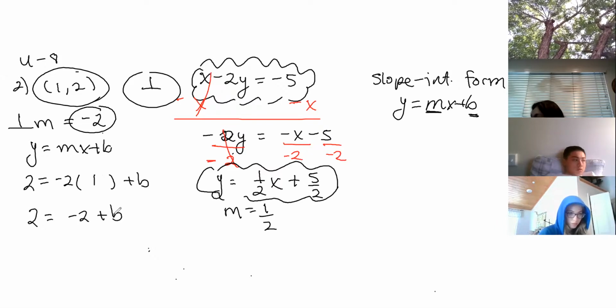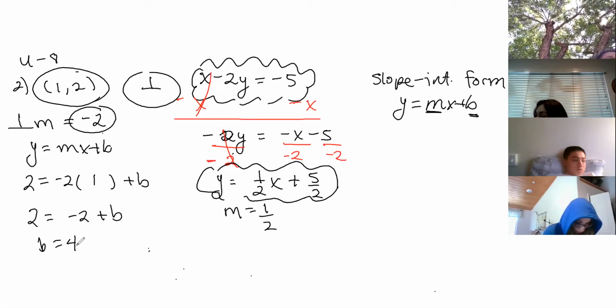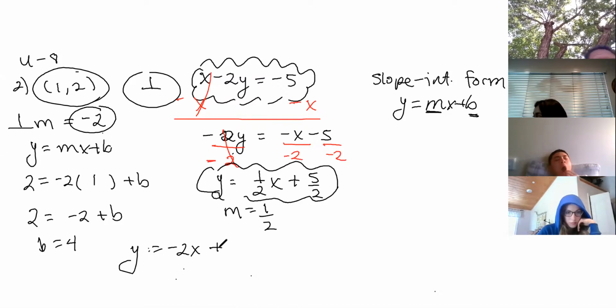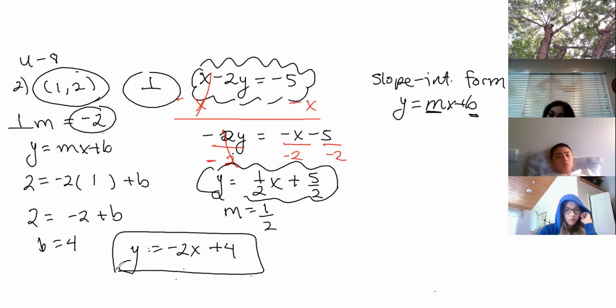Add your 2 over to the other side, and what do you get? 4. b equals 4. So what is our final equation? y equals, m was -2, -2x plus 4. And that there is the answer. Make sense?